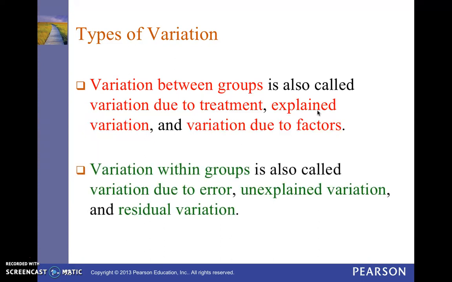With regard to the variance within groups, sometimes it's called error, as you saw with StatCrunch. Sometimes it's called the unexplained variation, and in some statistical software packages it's called residual, right? Unfortunately, we couldn't get all these people in a room together and agree on what to call these things, so they're called different things depending upon the software package that you use.